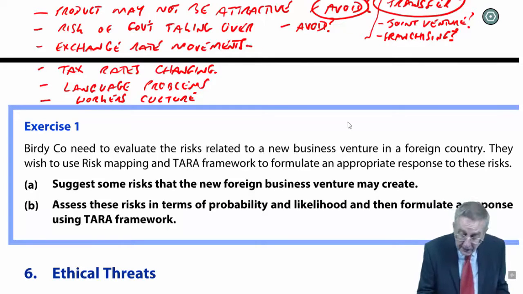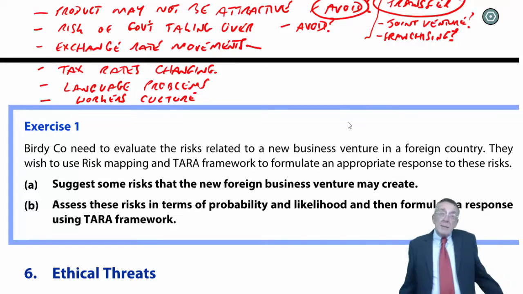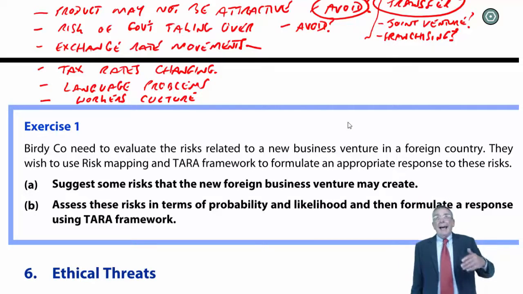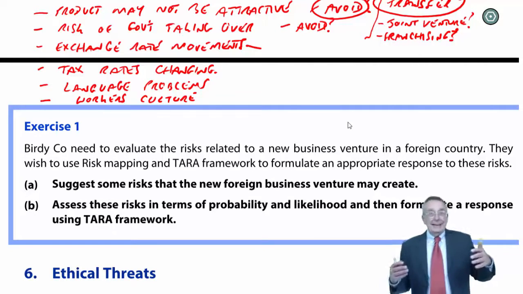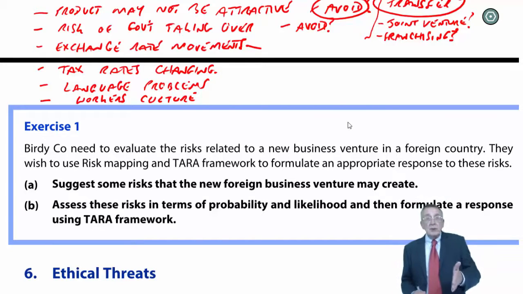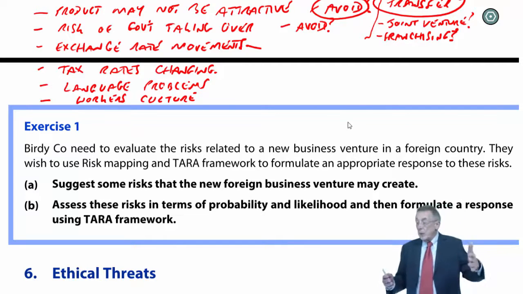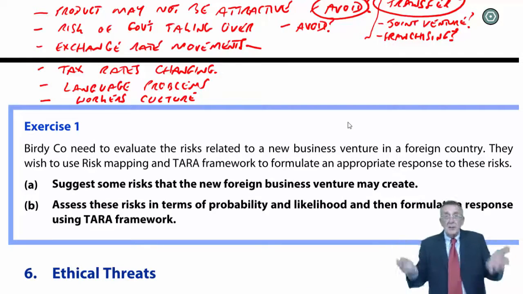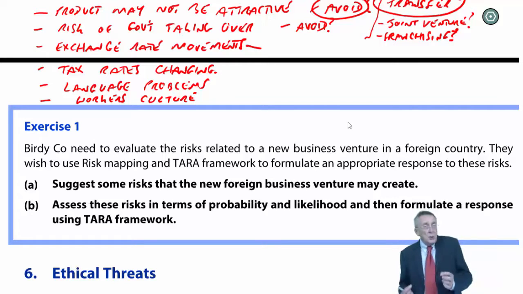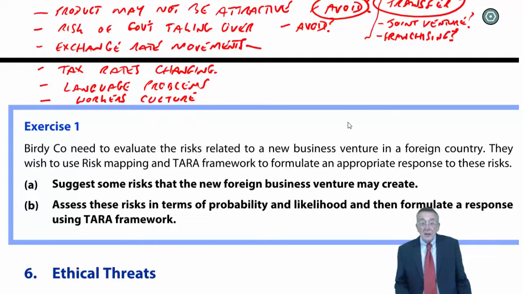Now, what about exchange rate movements? There's one where, again, depending on the country, if it's a stable country, exchange rate movements, I think you'd agree, are very likely. You know, if you think between the UK and the US, it's always moving. The impact's not huge, though. And so here's a risk that we'd try and reduce.